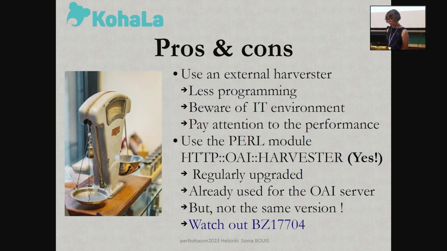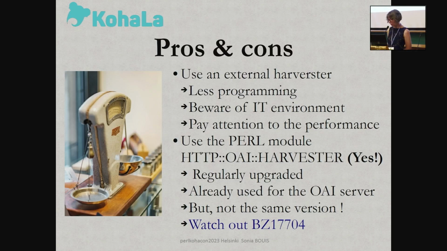So why not use the Perl module that is already used in Koha for the server? In fact, it's regularly upgraded, but unfortunately, the version that is now used in Koha for the server is an old version.